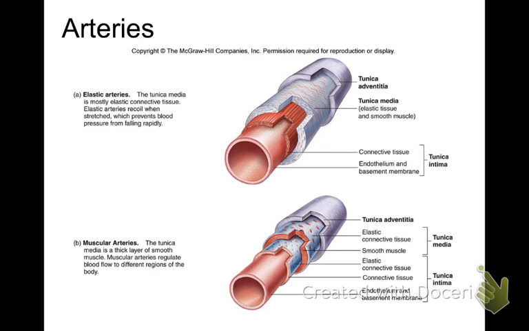So if you're trying to reduce blood flow, say, to the digestive organs when you're running track, you can vasoconstrict those vessels more, whereas the vessels that are supplying the musculature that you're actively exercising will dilate. Notice, again, you still have the consistency of the tunica adventitia and the tunica intima. Those are pretty well standard. Now, in this diagram, it looks like the inner layer of elastic connective tissue is considered part of the tunica intima. You know what? That's just really not a major issue.